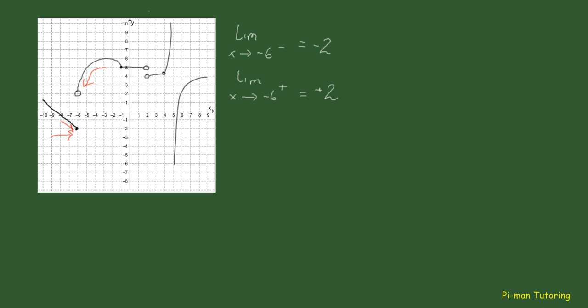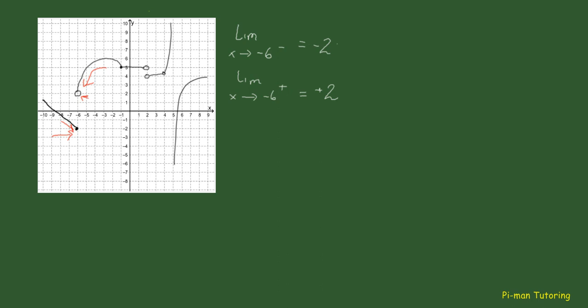Even though the function does not exist at negative 6, because there is actually a hole in the function at that location indicated by this open circle, the function is getting closer and closer to a value of 2, and therefore that is the limit of the function in that direction.